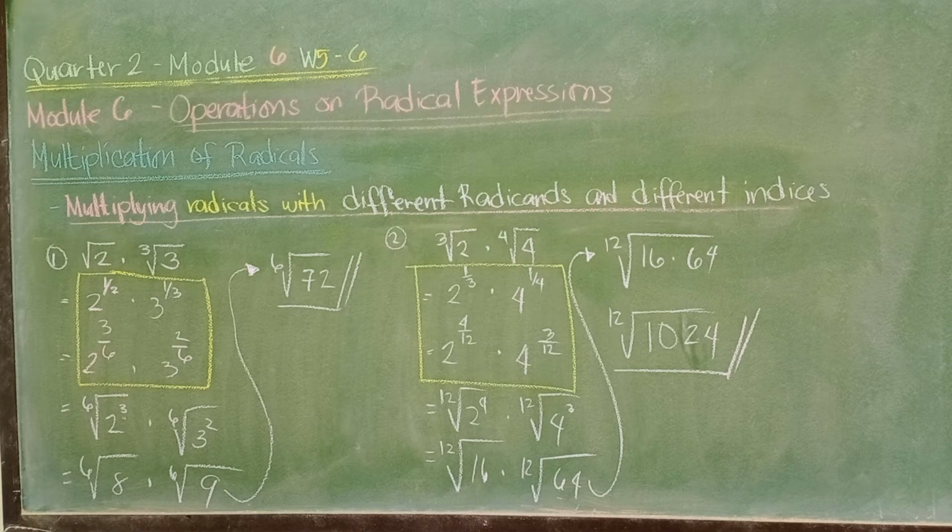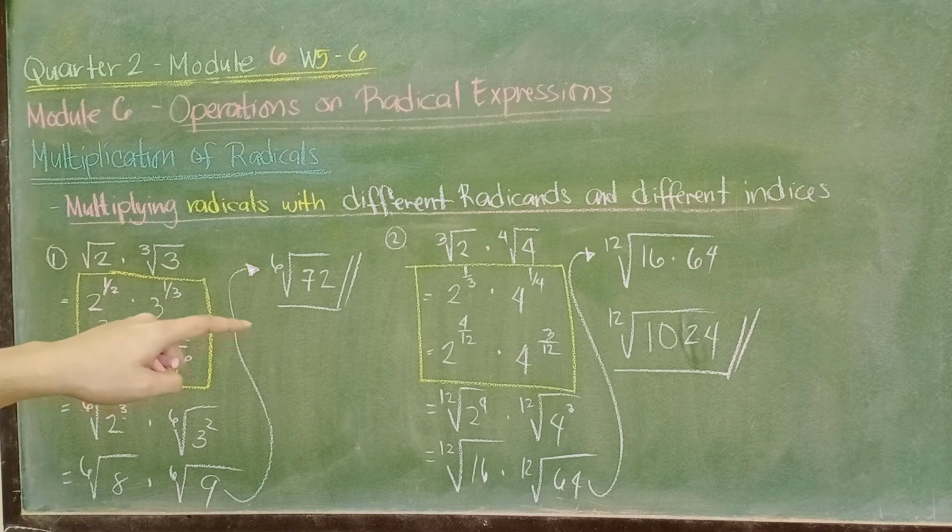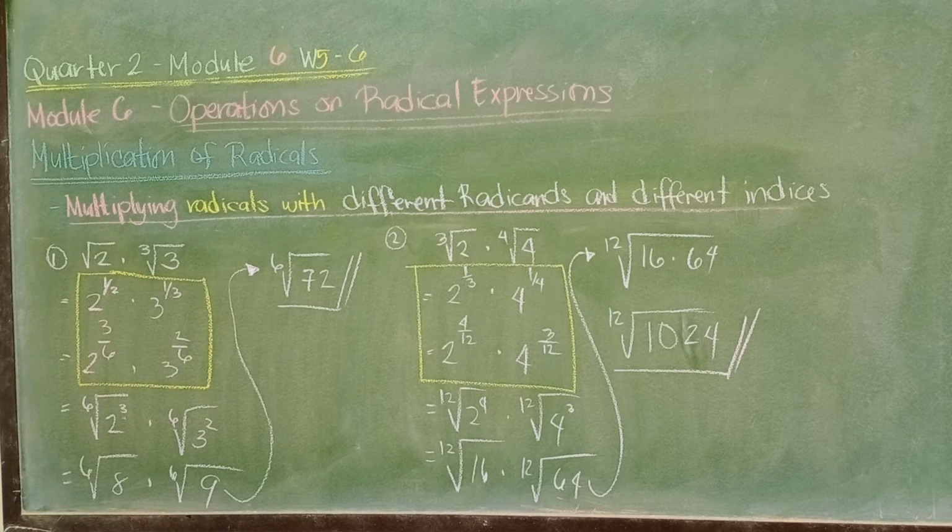Pwede mong i-add yung mga yun kasi parehas yung mga radicand nila o parehas yung bases. In this case, hindi parehas yung mga bases, so hindi mo pwedeng i-add. Ang pwede mo lang gawin doon sa mga exponent nila is gawing parehas yung mga denominator using the LCD procedure. So, ganyan yung procedure kapag nag-multiply tayo ng mga radicals na magkaiba yung radical at saka yung indices.